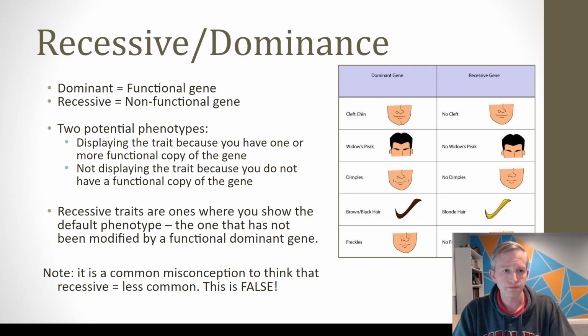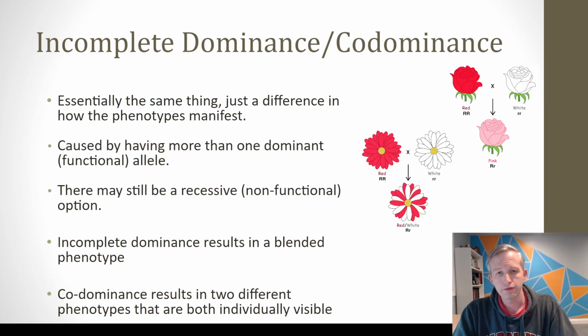So another one that you've probably already heard about and feel pretty good about is incomplete dominance and codominance. These are pretty straightforward examples of what happens when there is more than one dominant version of an allele.